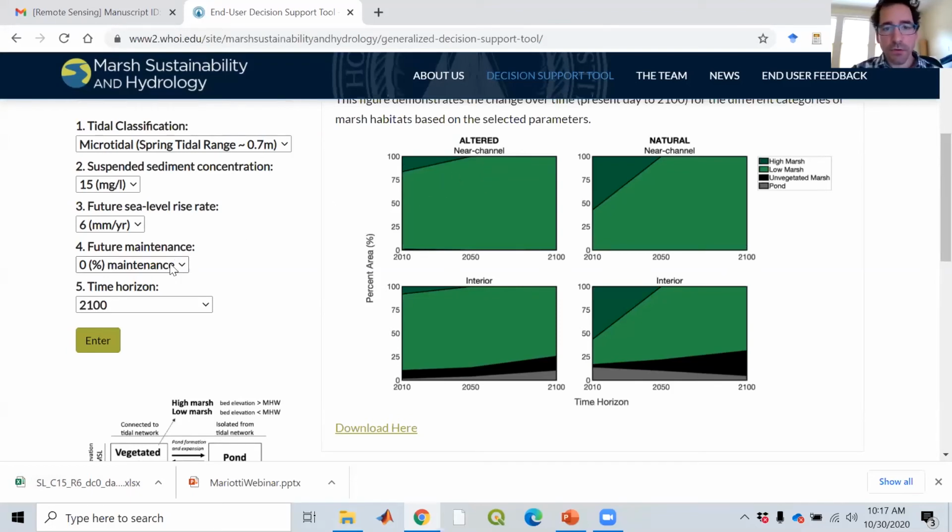So for example, in this scenario, this is what it is going to look like if we have no ditch maintenance, or instead if we do 50% of the maintenance at runnel depth, it's only going to change in the interior, in the ditch area, clearly not in the natural area, and is only really going to change in the interior of the ditch area.